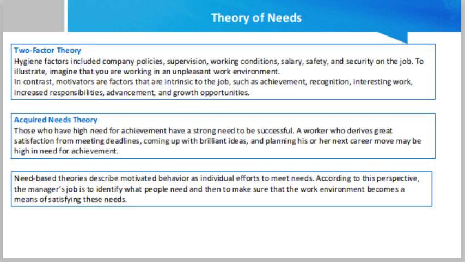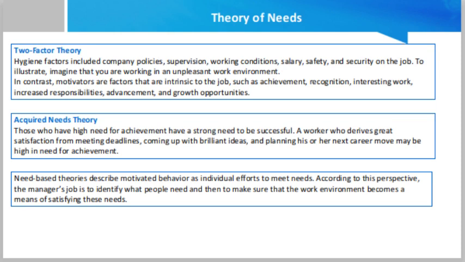Herzberg labeled factors causing dissatisfaction of workers as hygiene factors because these factors were part of the context in which the job was performed, as opposed to the job itself. Hygiene factors included company policies, supervision, working conditions, salary, safety, and security on the job.